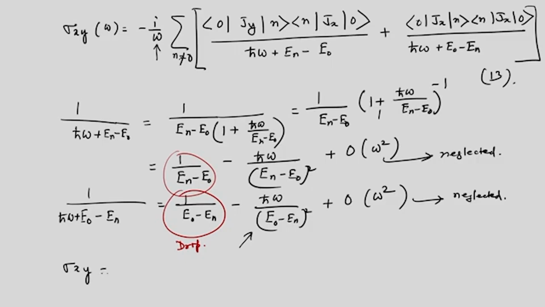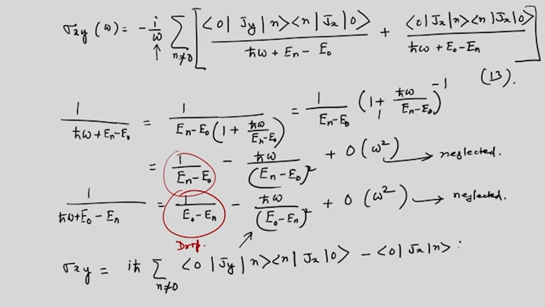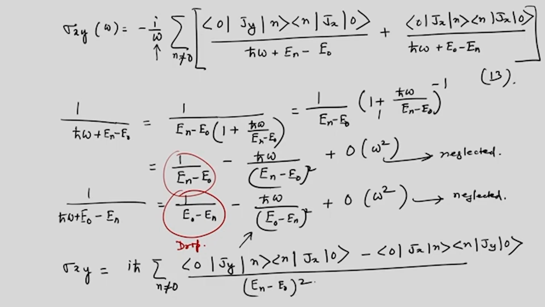So it becomes a DC expression, and this is equal to iħ, sum over n not equal to 0, of ⟨0|j_y|n⟩⟨n|j_x|0⟩ minus ⟨0|j_x|n⟩⟨n|j_y|0⟩, divided by either E_n minus E_0 whole square or E_0 minus E_n whole square, which are the same. Okay. So this is really the Kubo formula for the Hall conductivity.